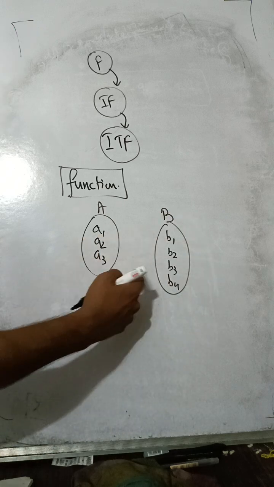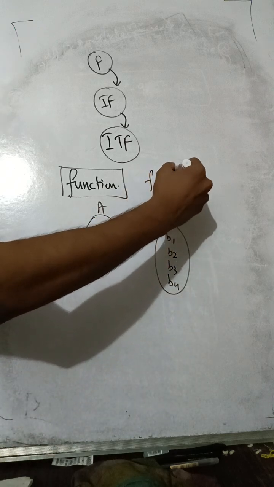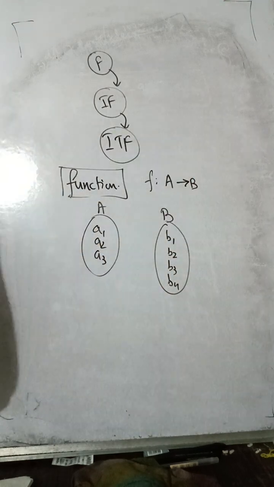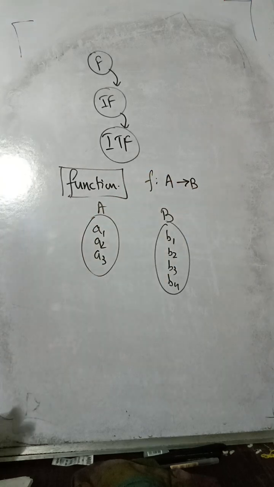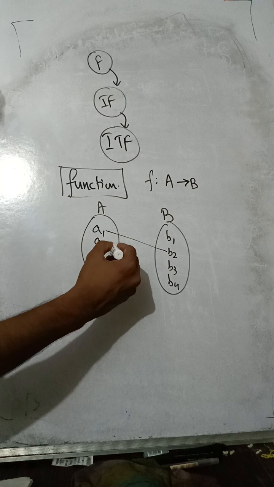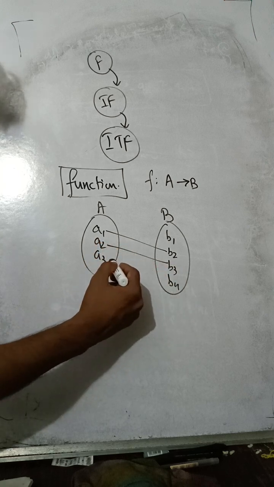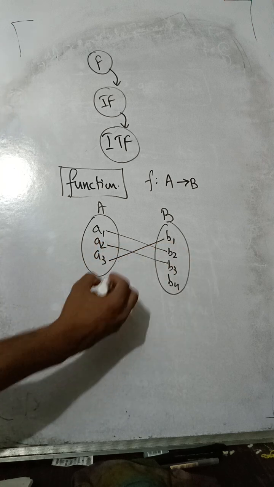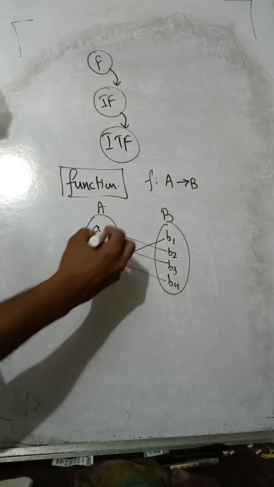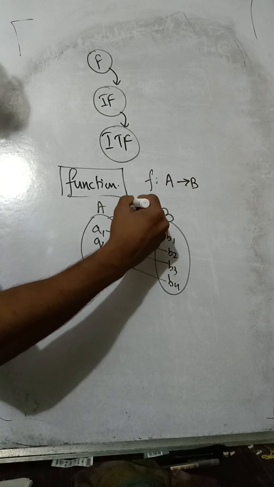A function f is from A to B. A is the domain, B is the codomain. Suppose A1 maps onto B2, A2 maps onto B3, A3 maps onto B1, and A3 also maps onto B4. Let this be the relation.